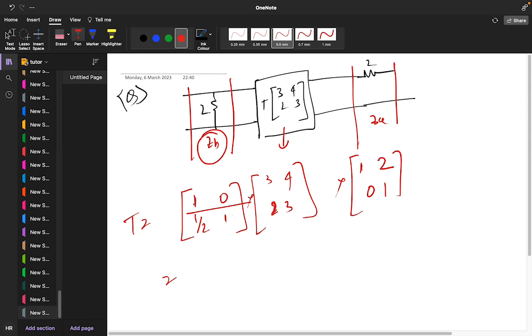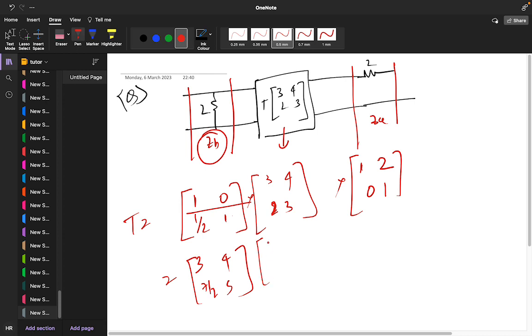So 3, 1 1 3 1 3, and if you multiply this, what will you get? Just solve it, multiplication. So you will get 3, 3, 4, 7 by 2, 7 by 2, 5. Okay, 5 we are getting.